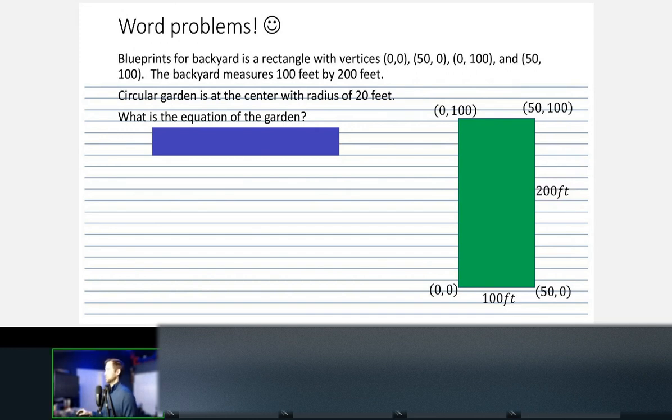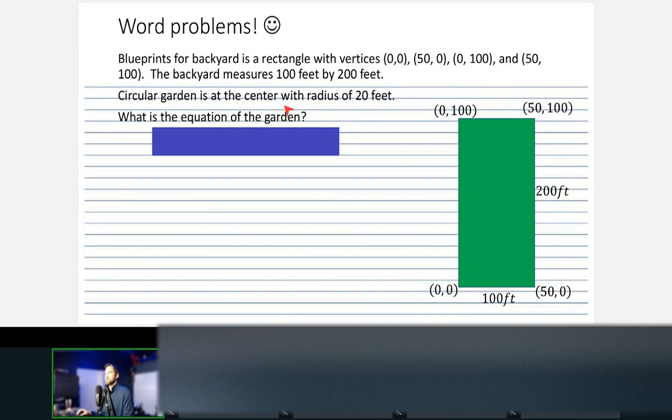What do you notice about this that's kind of off or tricky? Yeah, so it's not a one-to-one scale.